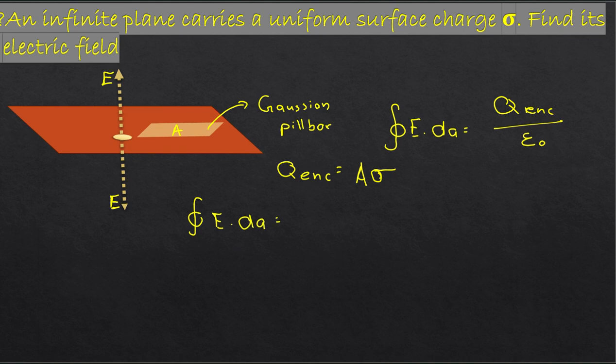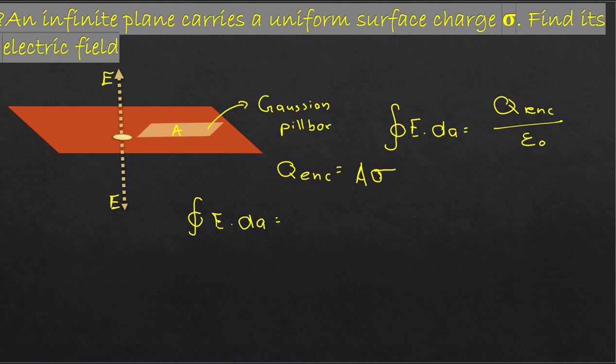On considering this integral E dot dA, we know that E can be taken outside as a constant because it has a constant value all over the surface, and it also points parallel to the surface area component dA.